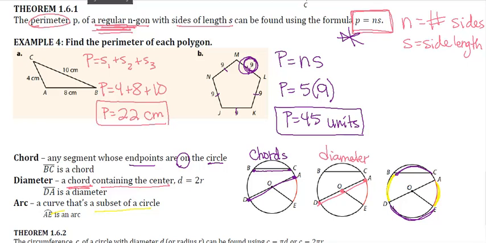And let's see, CA is an arc. Or we could say AD, or AB, all the way around there. AB is an arc. So many of these, okay? It's just any subset of the circle is considered an arc.